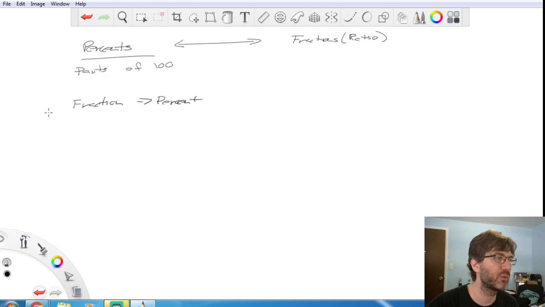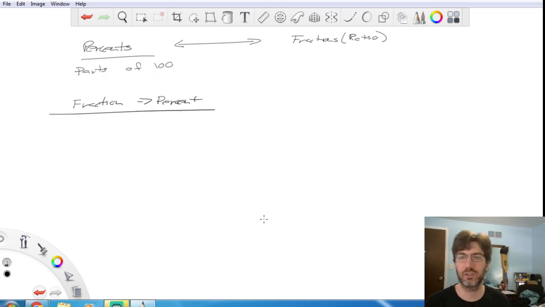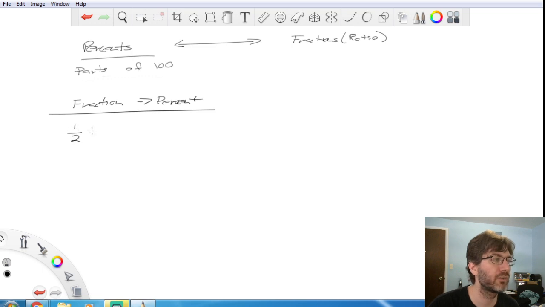So what if I give you a fraction? Can you turn that into a percentage? So let's start off with some pretty simple ones. Some of these you probably can do in your head. You know 1/2 is going to be equal to 50%, right? You know 1/4 equals 25%, right? So some of these you probably have benchmarks that you can look at so you can judge whether your answer is making sense or not.